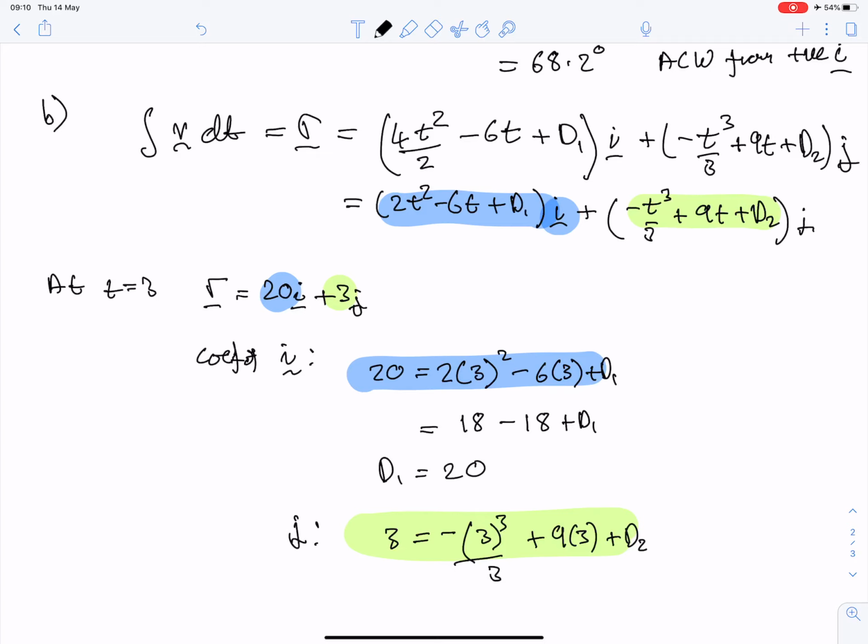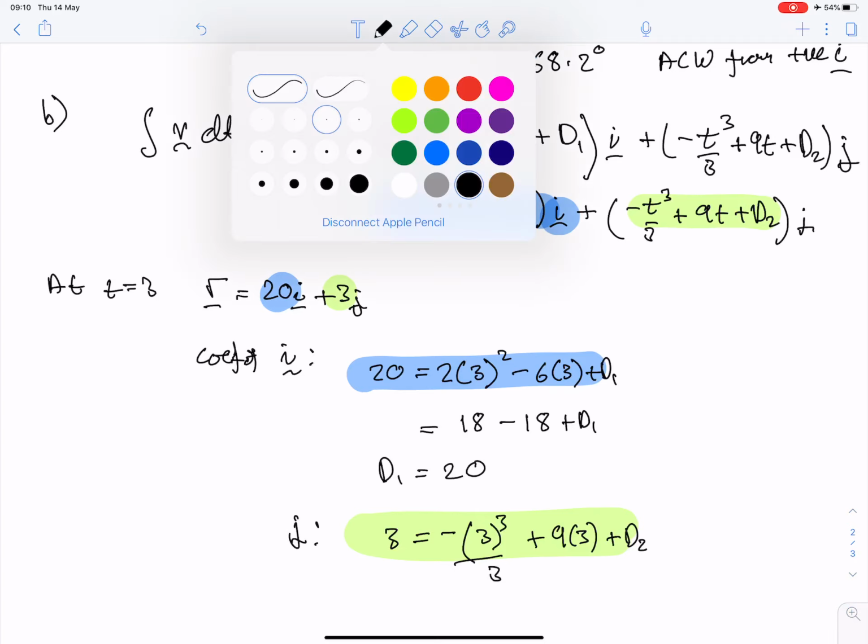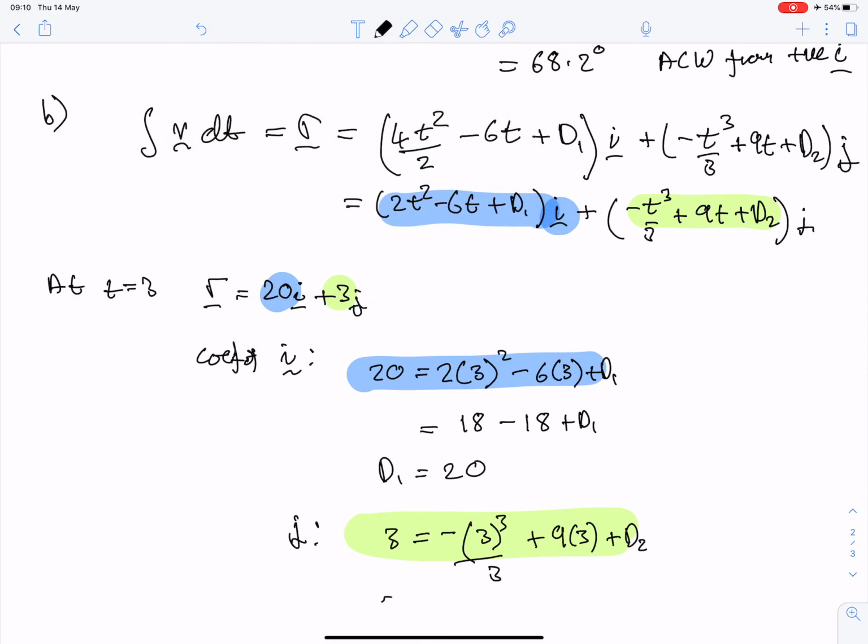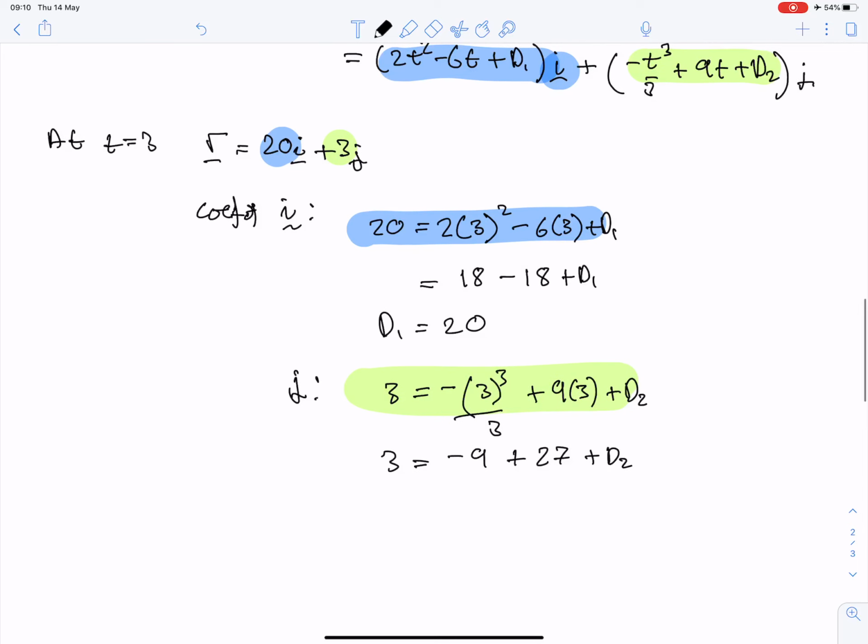Okay, so next now we need to just tidy that up. So 3 is equal to negative 27 over 3 is 9, or one of the 3's cancel, plus 27 plus d2. So d2 is equal to 12, take away 27 is minus 15.